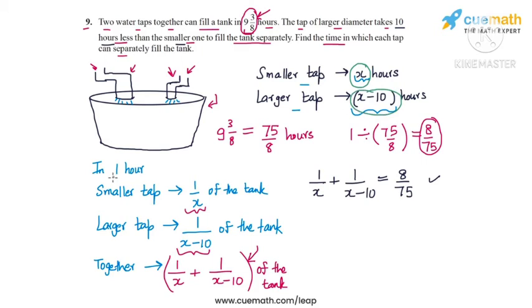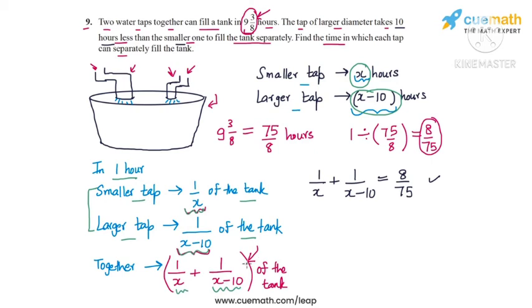This means that in 1 hour the smaller tap will fill up this fraction 1/x of the tank, and the larger tap will fill up this fraction 1/(x minus 10) of the tank. And that means that if the two taps are running together, they will fill up 1/x plus 1/(x minus 10), this fraction of the tank.